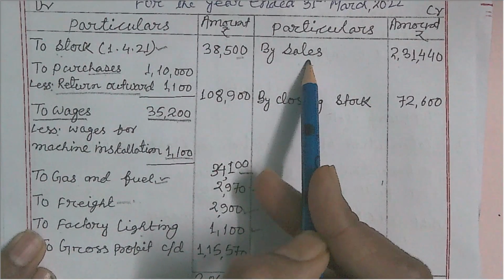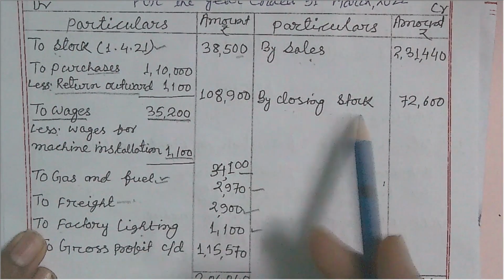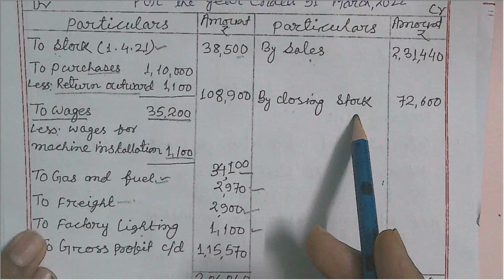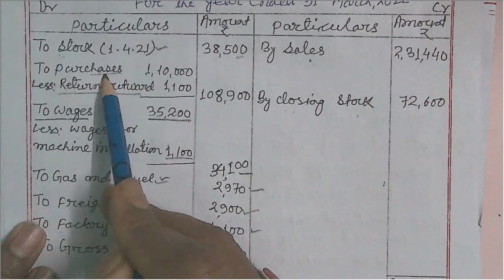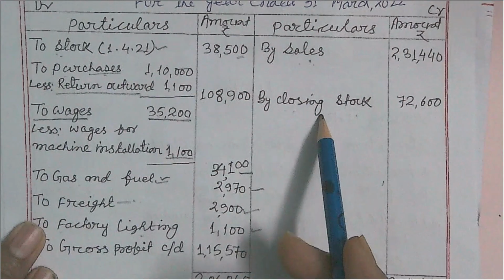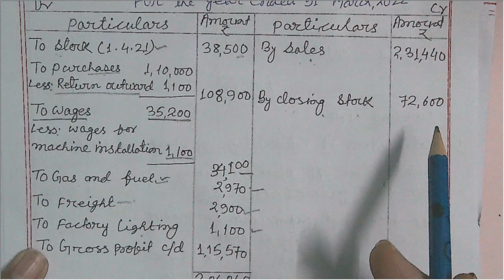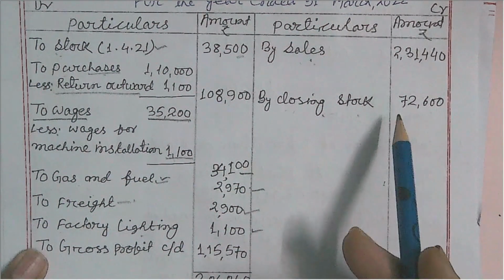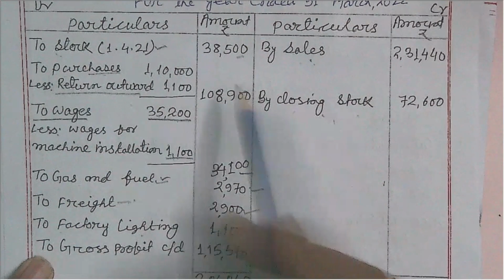Similarly, sales is direct income by selling of goods, and closing stock is goods lying unsold, the part of purchase that remains unsold, 72,600. Now as per this question, these are the items we have to debit and credit in the trading account.